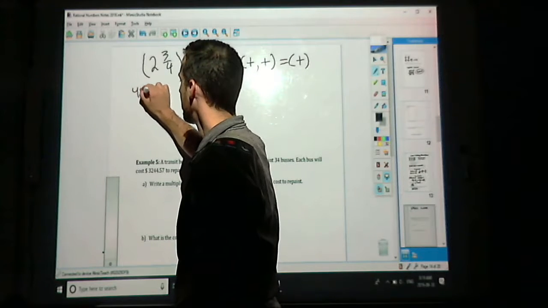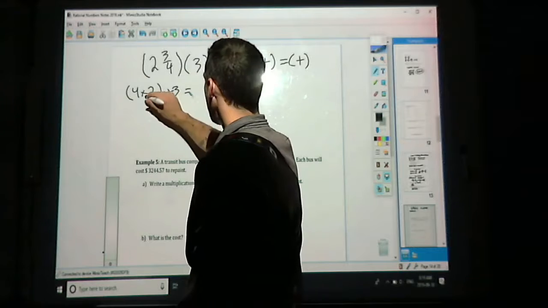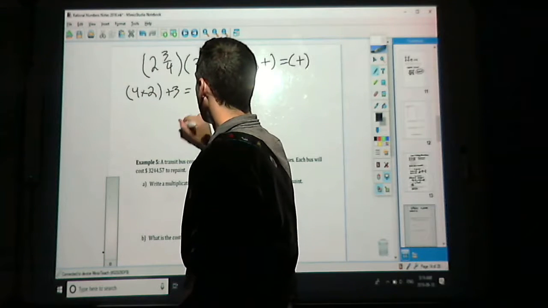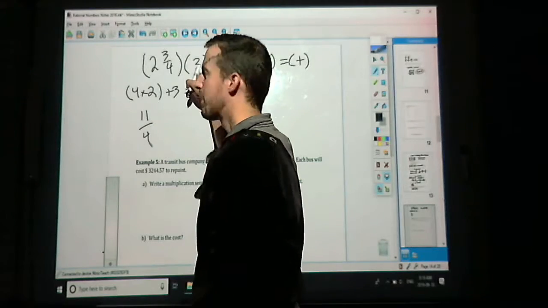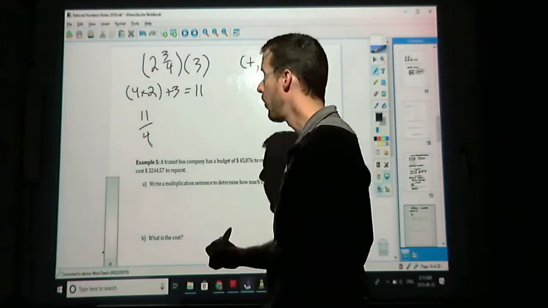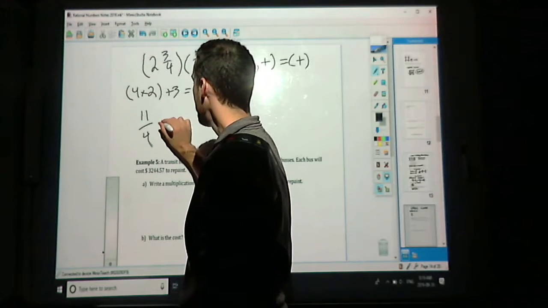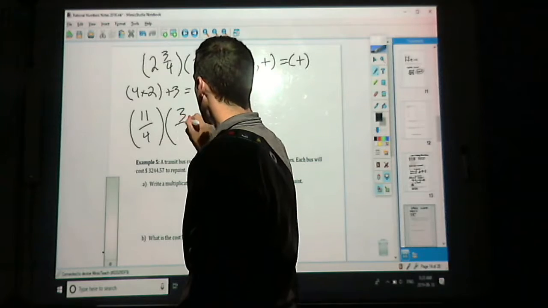So 4 times 2 plus 3 is equal to 8 plus 3, 11. So 11 over 4. Oh, wait, but this is only 3. Oh, wait, any rational number can be put over 1. So here we end up with this times 3 over 1.